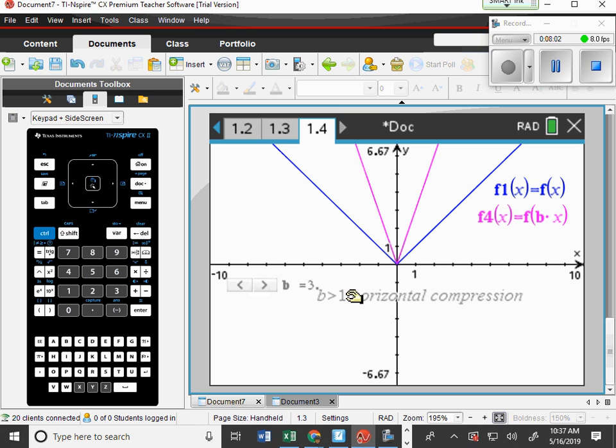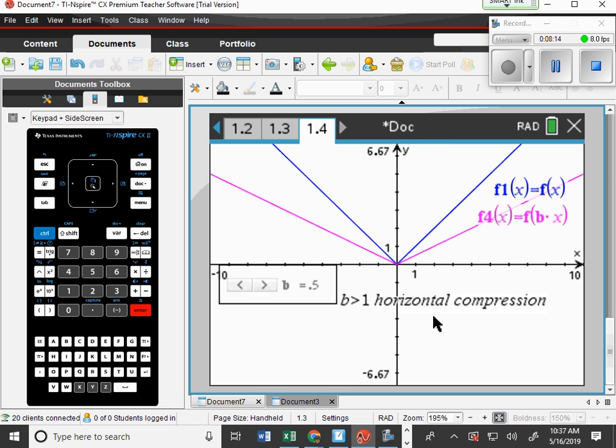All right. And the same thing happens if I let b be equal to, let's say, 1/2 or 0.5. I'll put that in there, 0.5. Then we get a horizontal stretch now.